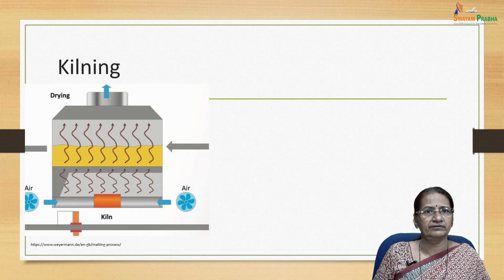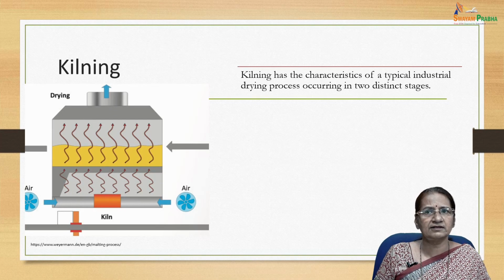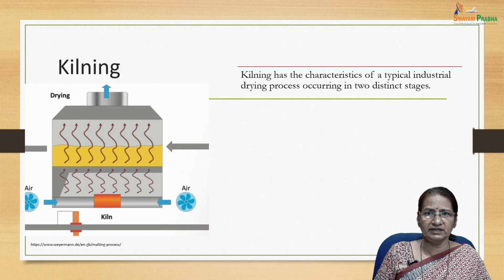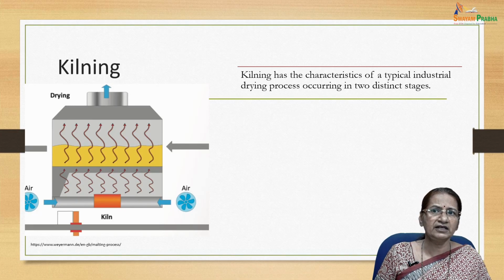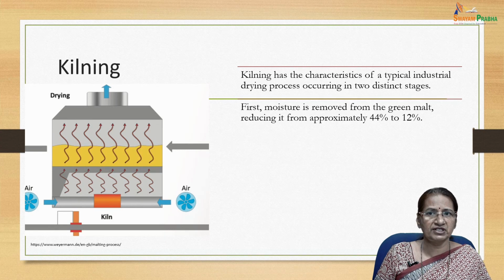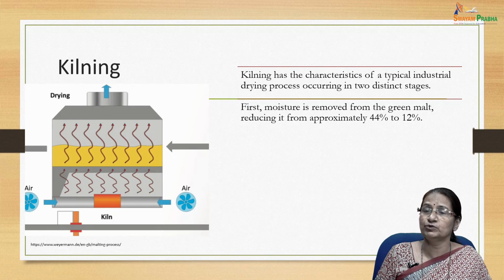Now, kilning. Kilning has the characteristics of a typical industrial drying process occurring in two distinct stages. First, moisture is removed from the green malt, reducing it from approximately 44% to 12%.